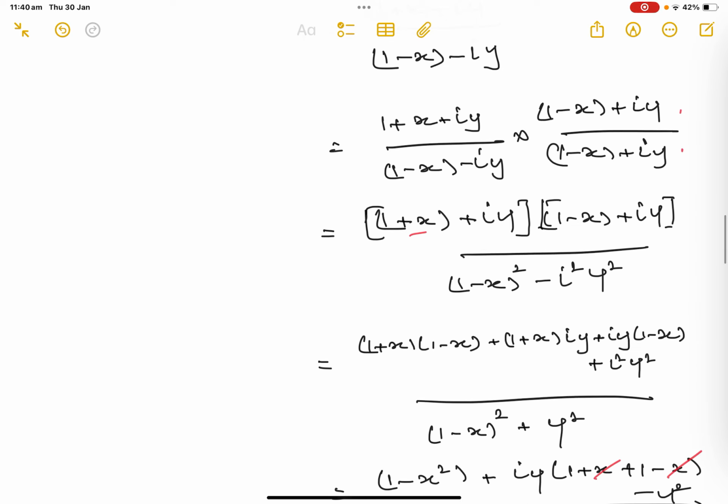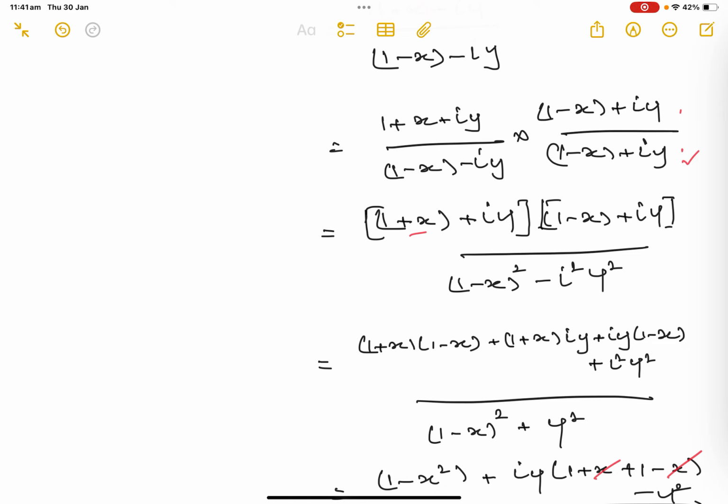If you do that, the top one will be 1 plus x plus iy times 1 minus x plus iy, and it's straightforward, a minus b, a plus b.